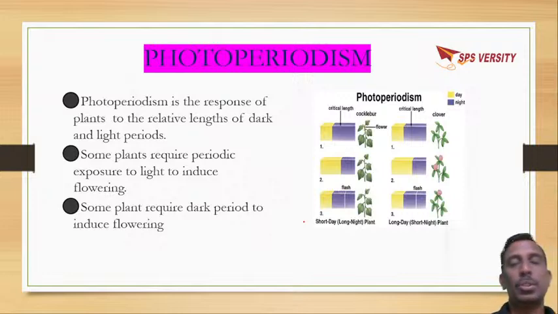It is a response of plants to relative length of dark and light periods. दिन में plants are exposed to sunlight. रात में कोई sunlight नहीं रहता. Okay. So this sunlight will have lot of impact on many physiological functions of the plants.